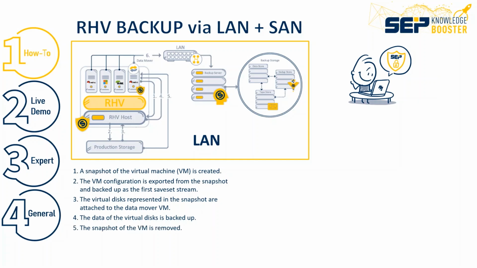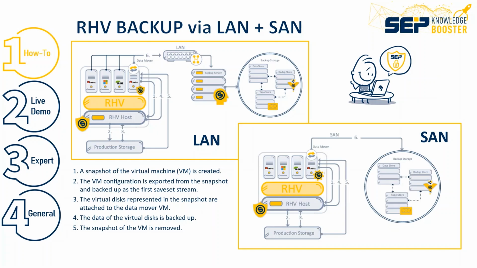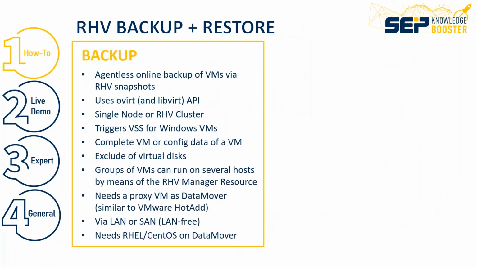And in the end, we remove the snapshot so that the space is freed on the disk storage of the RHV environment. And the picture is pretty similar if you do a SAN-based backup. That's also possible with our software, and this is the description for the SAN-based backup. It's the same process.